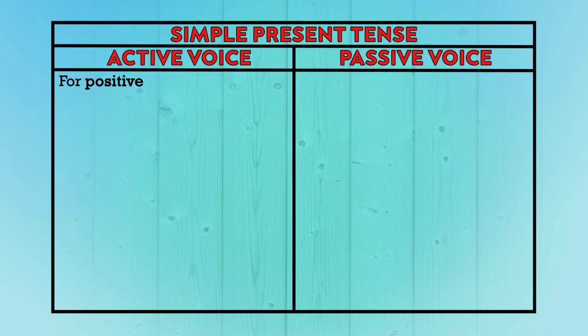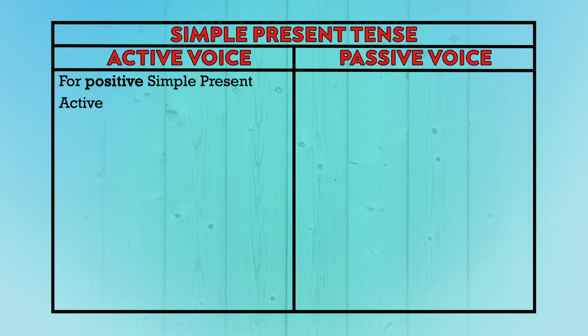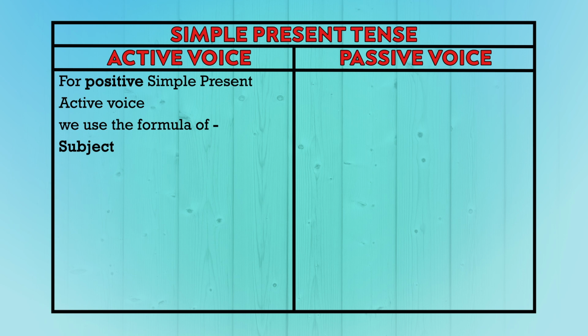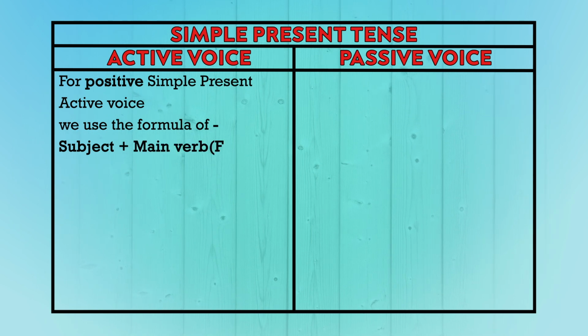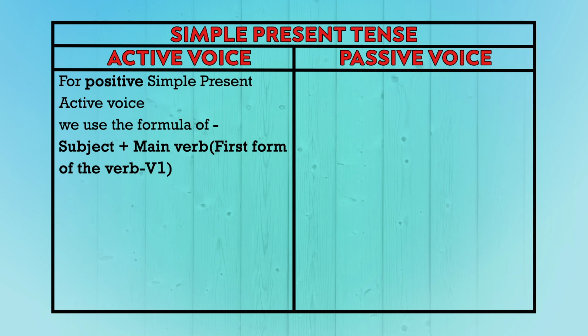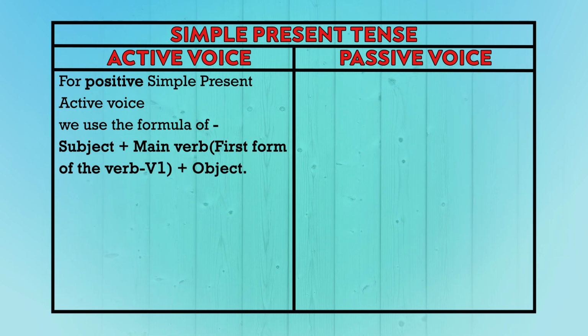So, the rule for simple present tense is: for positive simple present tenses, we use the formula subject plus main verb, that is verb 1, the first form of the verb, plus object. Subject plus main verb, that is verb 1, plus object.